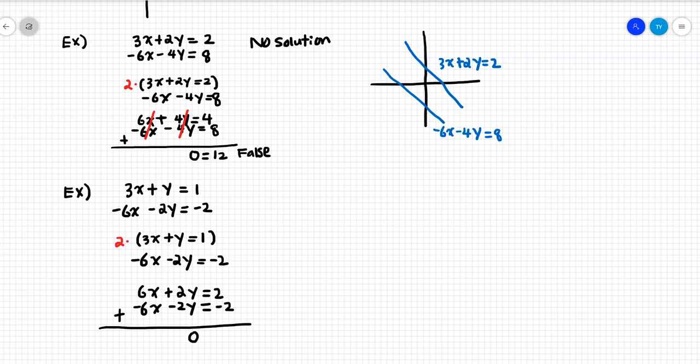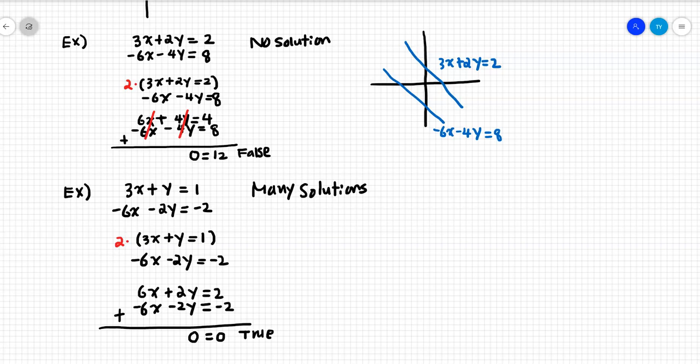So then we have 0 equals 0. That's true. So in this case, we're going to have many solutions. You need to understand that having 0 equal to 0 doesn't mean that a solution doesn't exist. The only time you don't have a solution is when the left is not equal to the right.